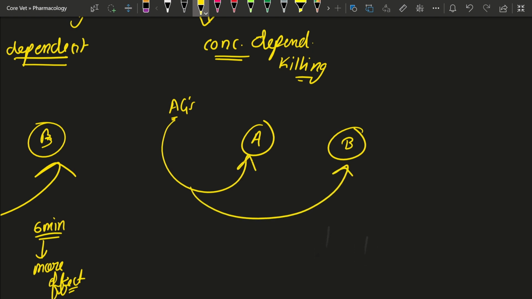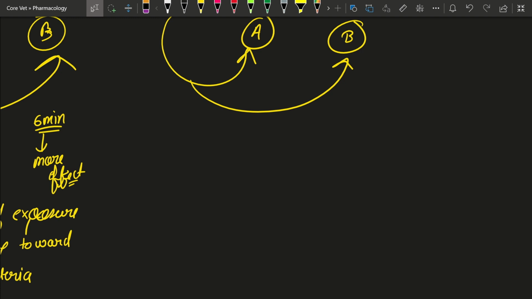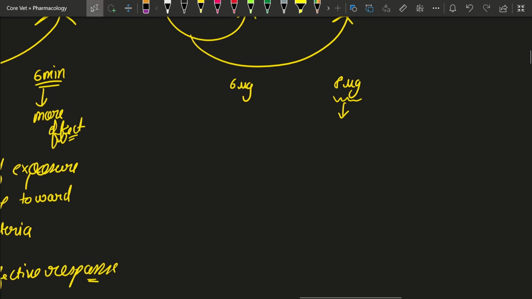Say I apply the aminoglycoside on both bacteria, but at different concentrations: 6 microgram on bacteria A, and 8 microgram on bacteria B. The more effective response would be observed at 8 microgram, because the aminoglycoside shows concentration dependent killing.